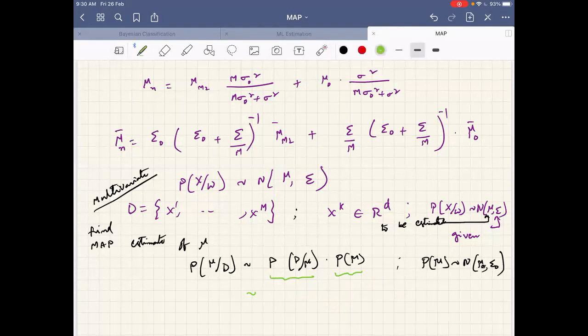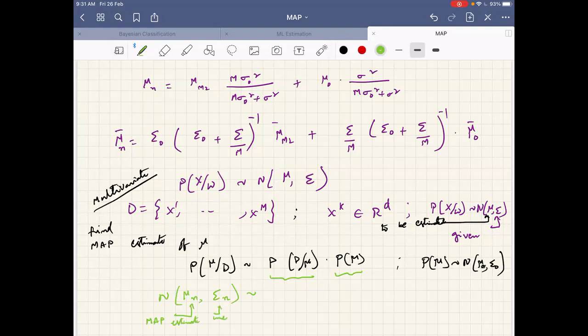Given all that, with a little bit of algebraic aspects, I will be writing this side as normal with mu n comma sigma n. What is this mu n giving? This is the MAP estimate, and this is the uncertainty in this MAP estimate.